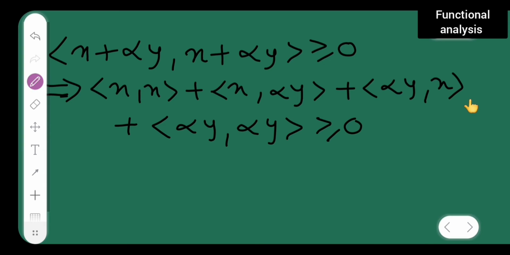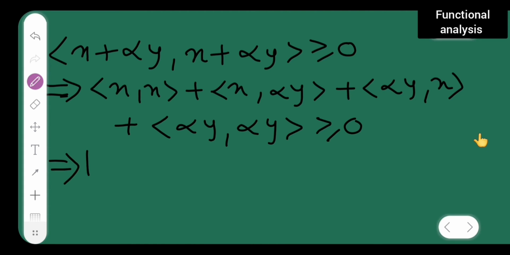So here what I have done is, inner product of x comma x, then plus inner product of x comma alpha y, then plus inner product of alpha y comma x, and then inner product of alpha y comma alpha y, which is greater than or equal to 0. Okay, so next step: what is norm of x the whole square?